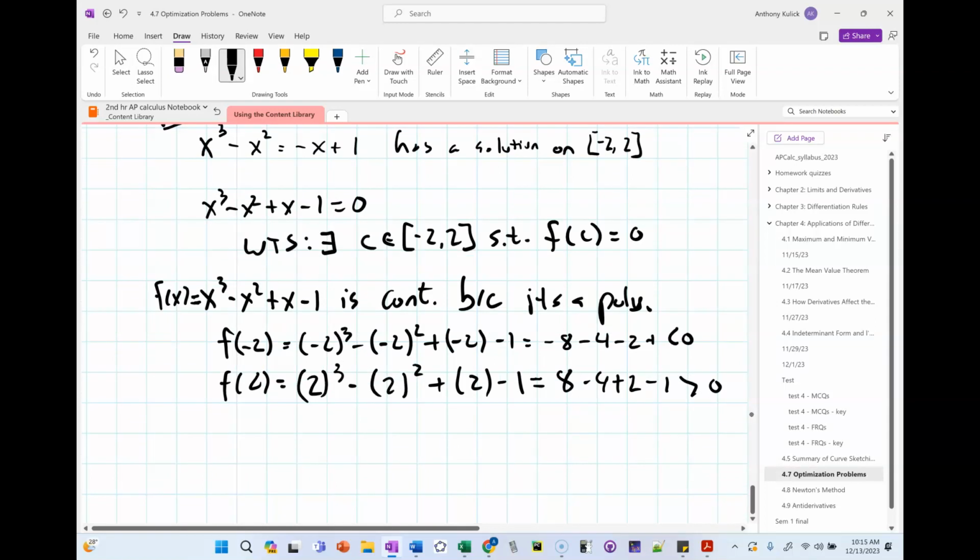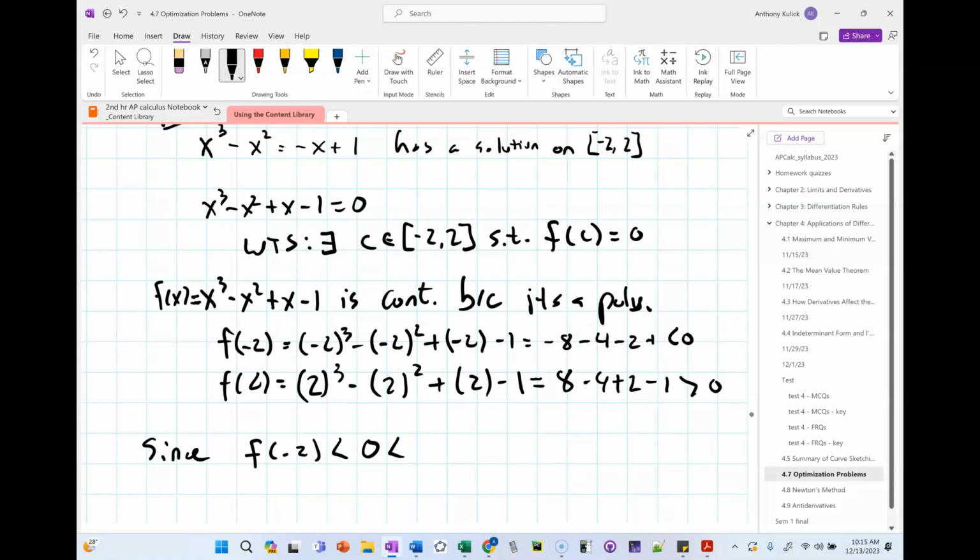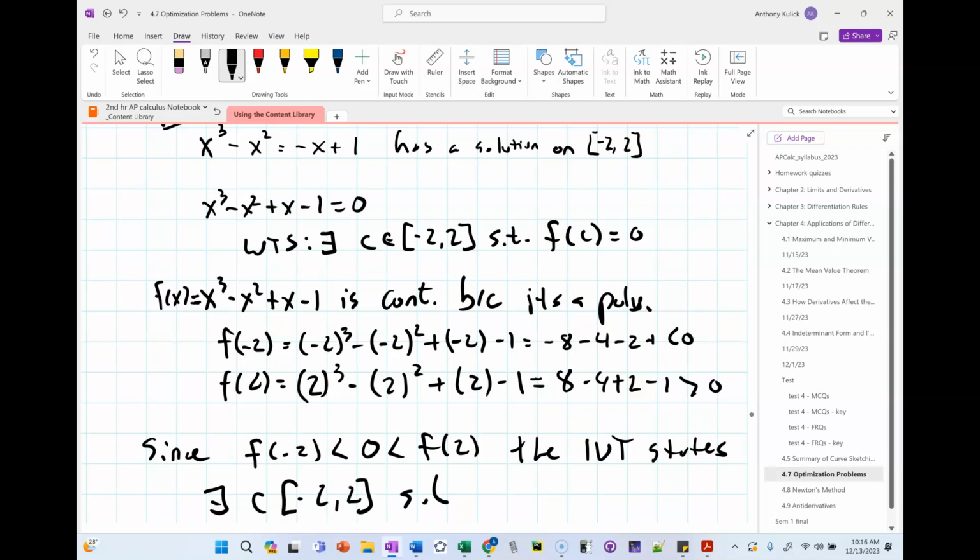So we can say, since f of negative 2 is less than 0, which is less than f of positive 2, the intermediate value theorem states there exists a C on negative 2 to 2 such that f of C is equal to 0, and we're done.